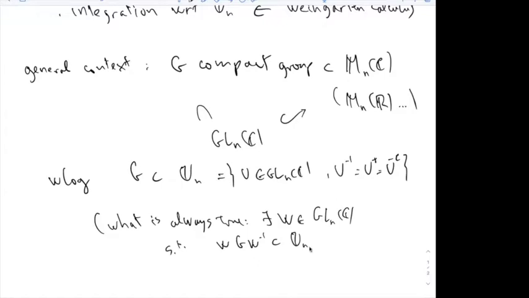So what I'm saying is that if I can solve a problem for a subgroup of U_N, then I can solve it for any compact group. But as we will see, it will be really useful to solve for U_N. I know that Carol asked me about U_N, but I will treat something slightly more general for many reasons.